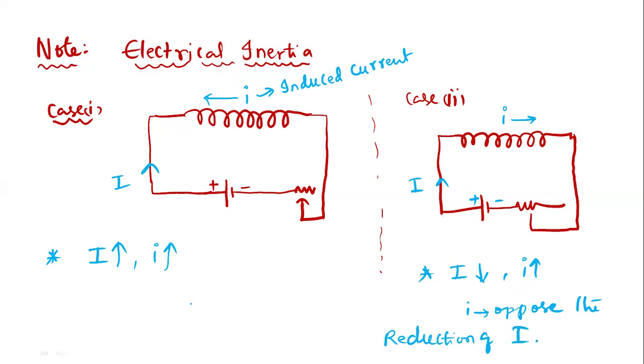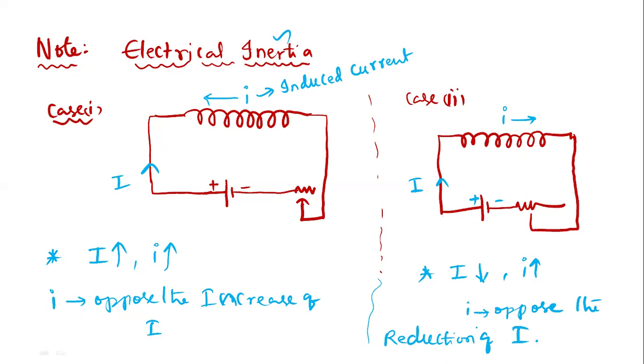It will not allow us to increase, and it will not allow us to decrease either. So what sort of property is this? Is it an inertia property or not? Yes or no? So here, i opposes the increase of capital I. Here also it is opposite.